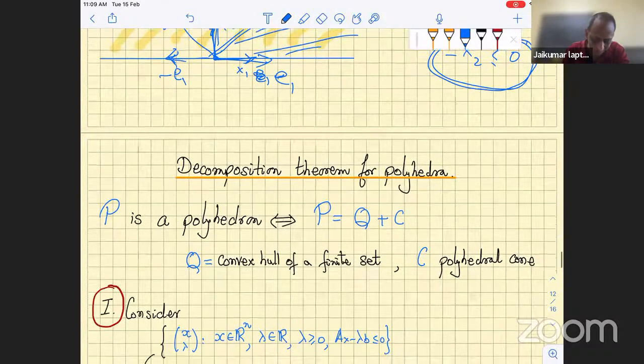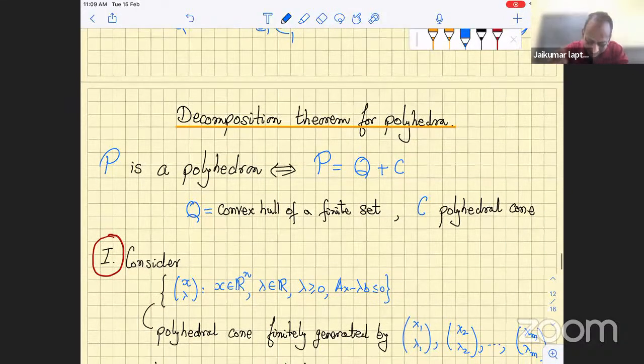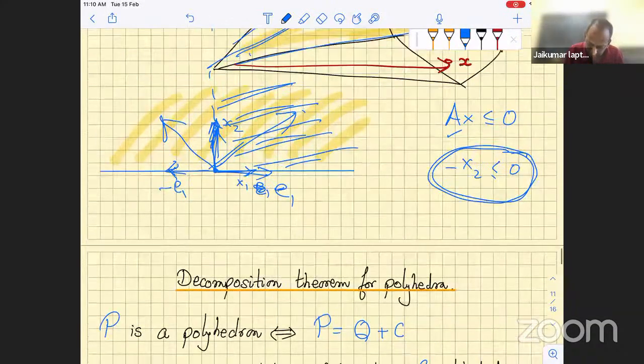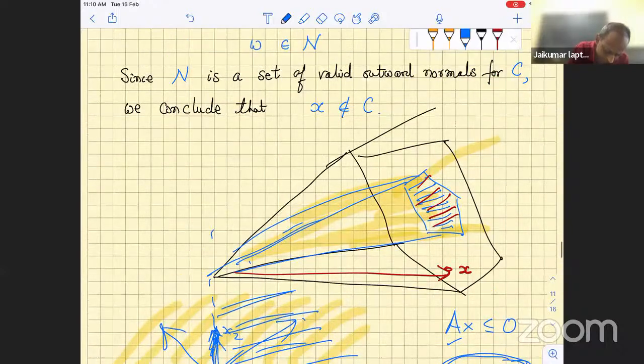So let me just say one last thing, 1 minute. It turns out that any polyhedron, not necessarily a cone, looks like a polytope added to a cone. Any polyhedron will be an object which has a polytopal base followed by a cone.